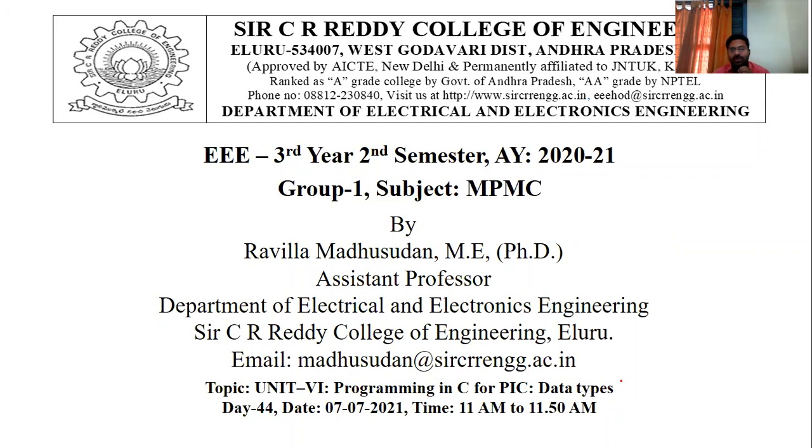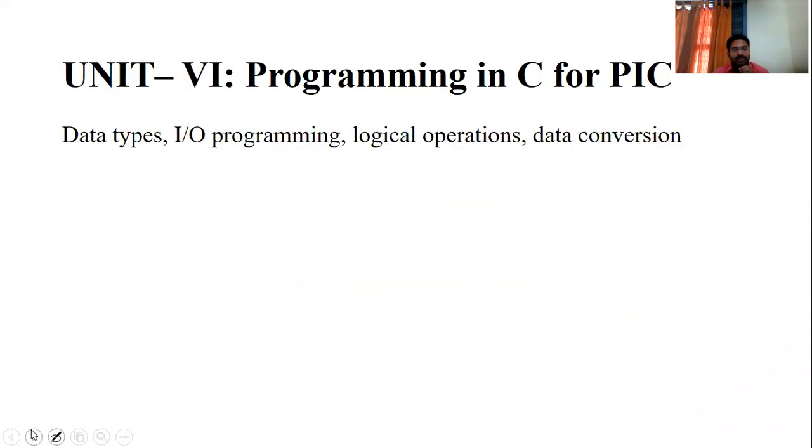Now today's topic is the different types of data. Whenever you are talking about C, you must learn the different data types that are available in the C program. If we know the data types, it is much easier to write programs in C. This is the sixth chapter's topics: data types, I/O programming, logical operations, and data conversions.